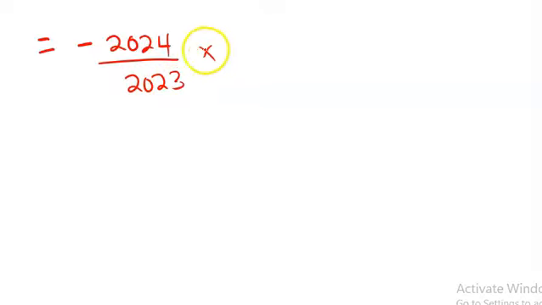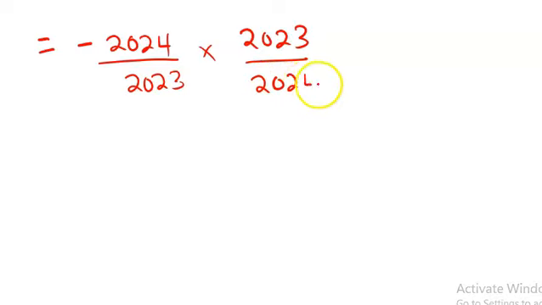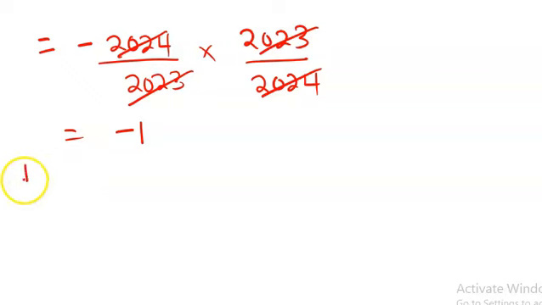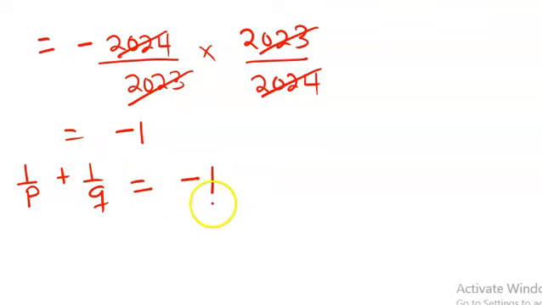When we simplify further, we are going to get minus 2024 over 2023 times, then we flip the second fraction, which will be 2023 over 2024. This will cancel that, then this will cancel that, which is equal to minus 1. So the sum 1 over p plus 1 over q will then be equal to minus 1.